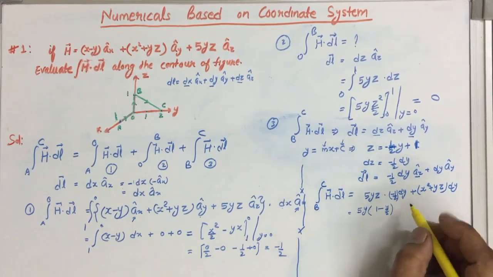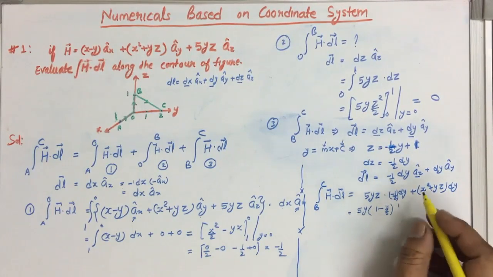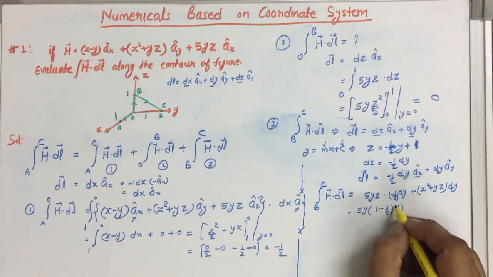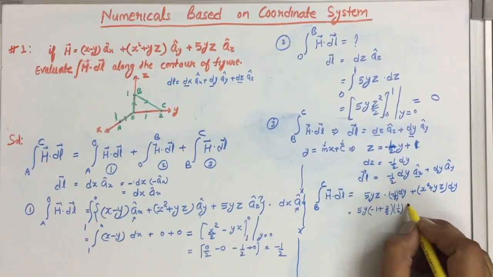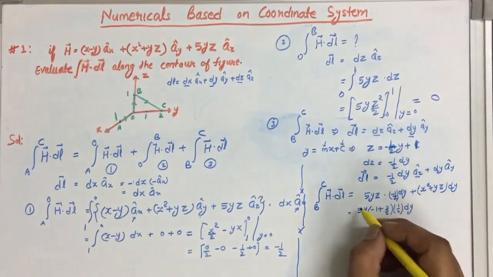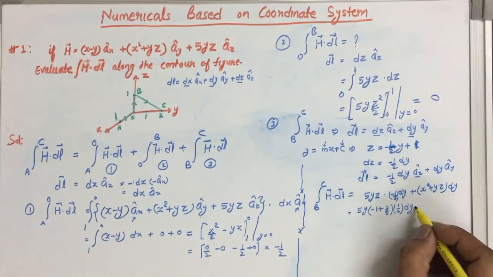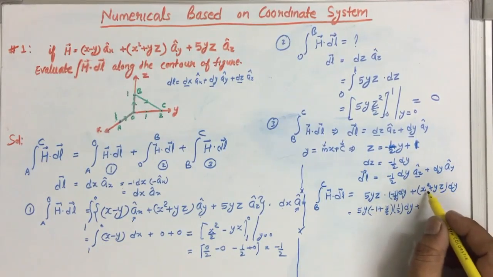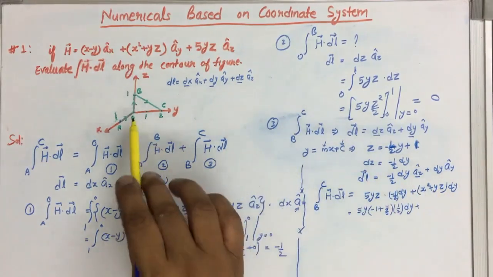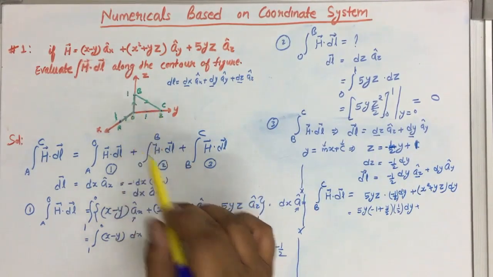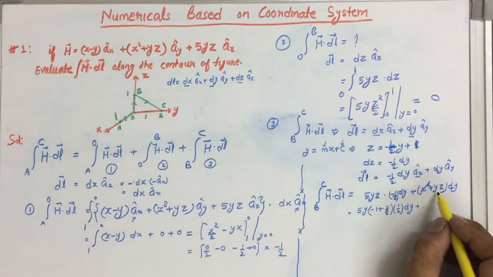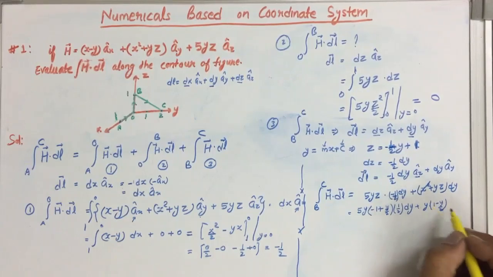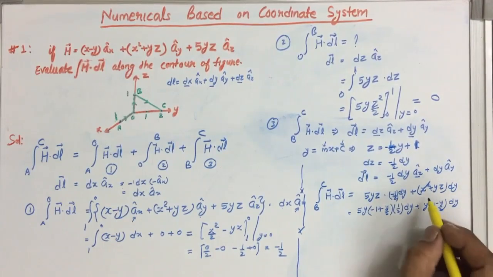This will be z multiplied with minus half dy, plus x square will be 0 because x is constant here, so it will be 0. And y with z can be 1 minus y by 2 into dy.